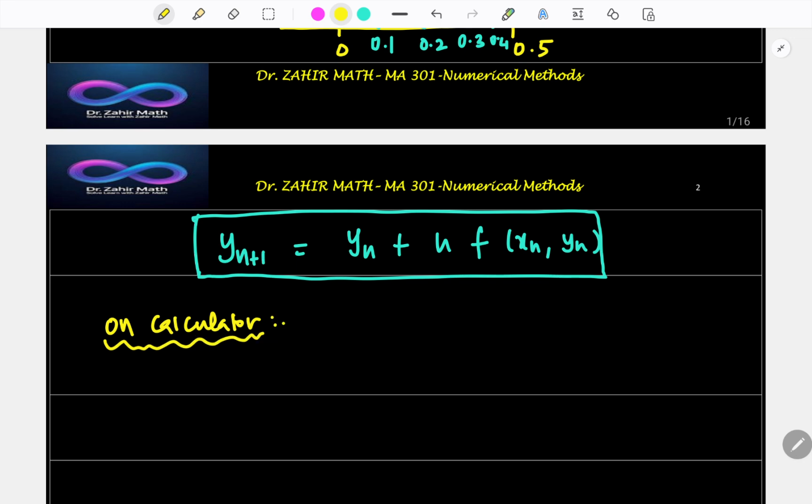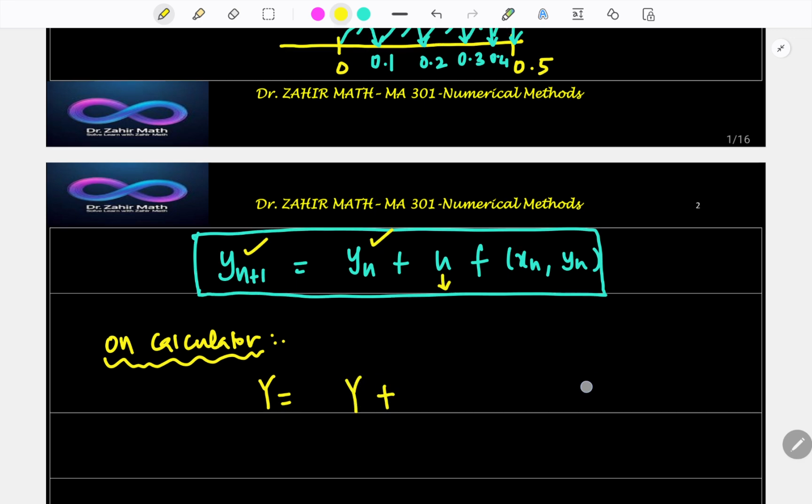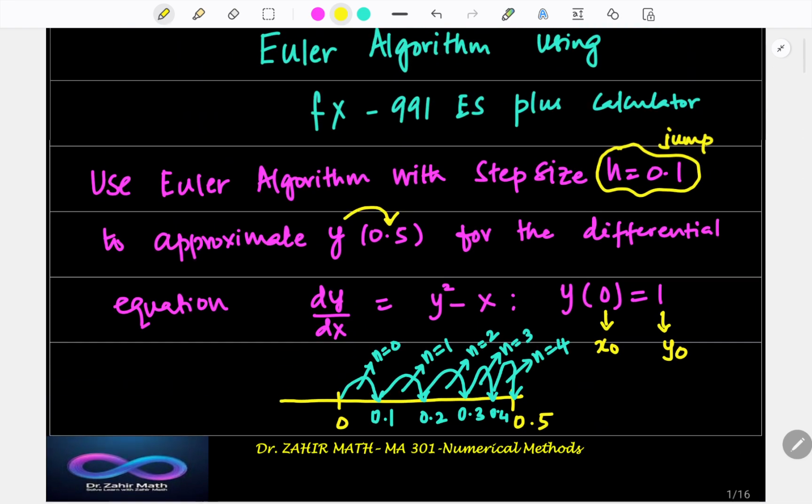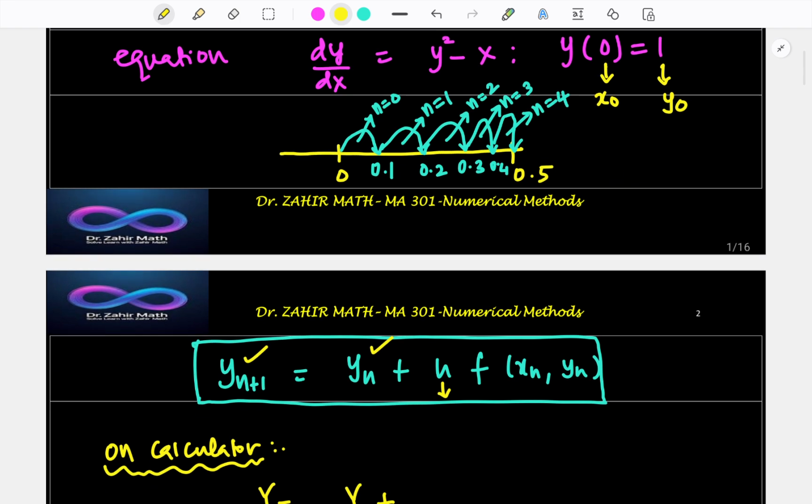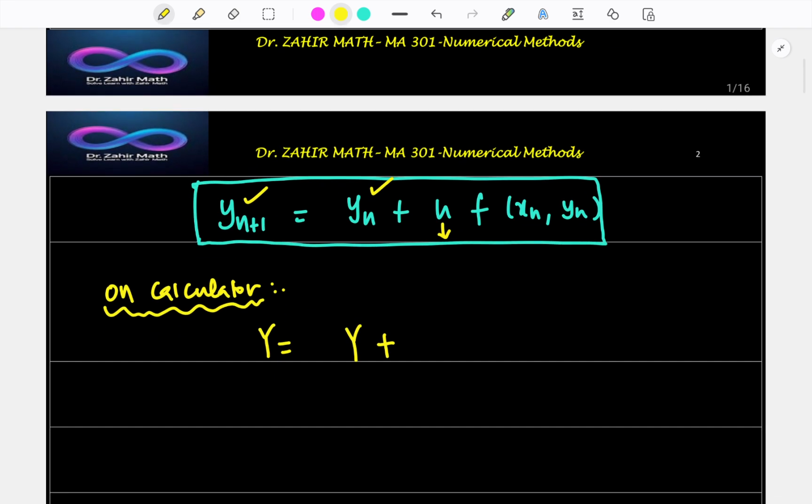On the calculator, you type y is equal to y plus h, and h depends on the problem. In this problem it's 0.1. Not every problem will be 0.1. It can be 0.2, 0.3, 0.1 or 0.01. So read the question carefully and take the h value. 100% the h value will be given in the question, otherwise you cannot jump to the next level.